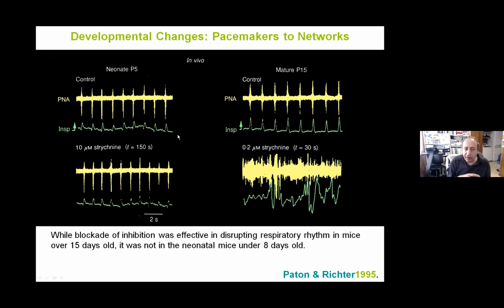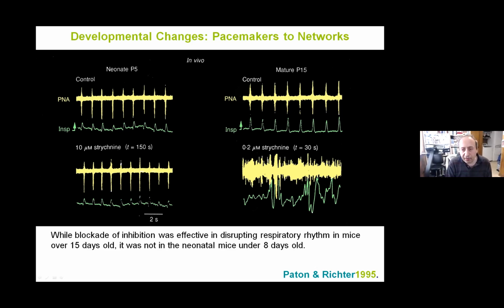So early on, in a neonate, the neurons are mostly interconnected without chemical synapse, just by gap junction. And so they generate the same rhythmic breathing.